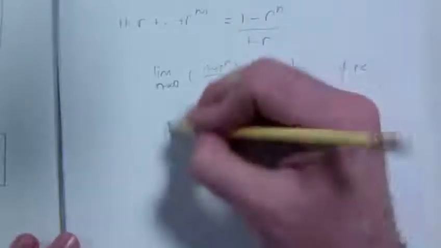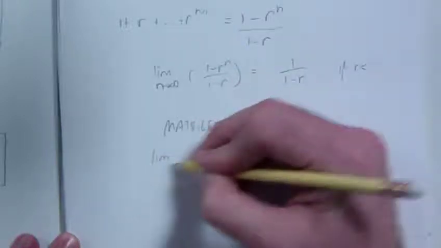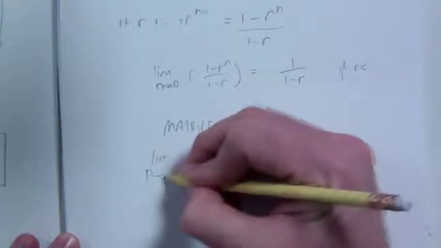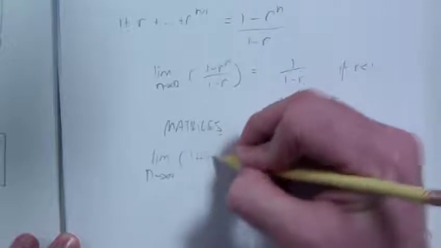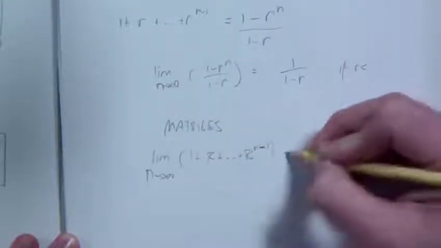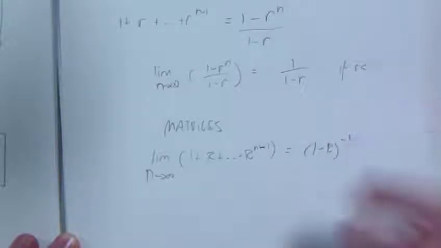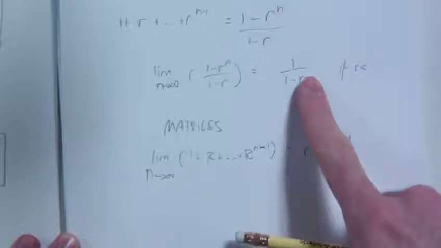So with matrices, the limit as n goes to infinity of 1 plus R up to R to the n minus 1 will be I minus R to the minus 1. So that's sort of the matrix equivalent of this.